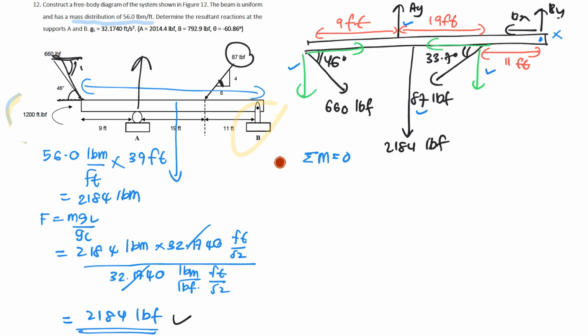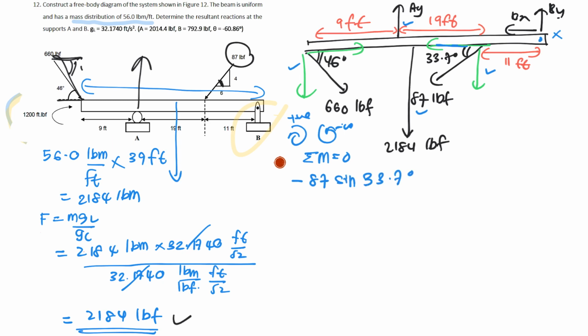It is anti-clockwise. So I put a reminder here: clockwise is positive, anti-clockwise is negative. Always put the reminder to make sure you put the correct sign. So negative 87, sine or cosine? It should be sine 33.7 degrees.